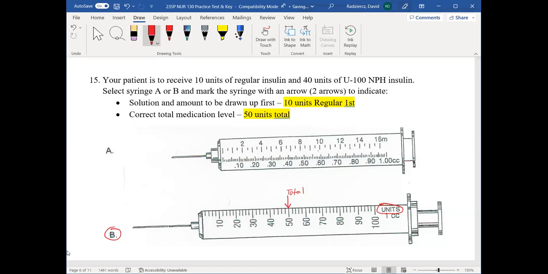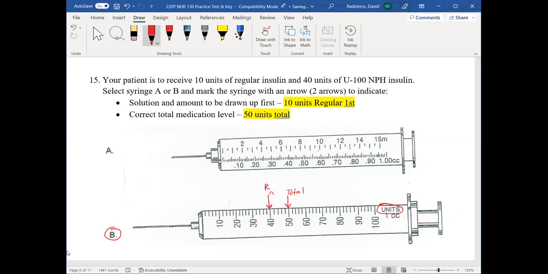In a hypothetical situation, assuming that the insulins did not mix upon pulling them up, the 10 units, because it was drawn up first, would hypothetically be between the first 2 points.